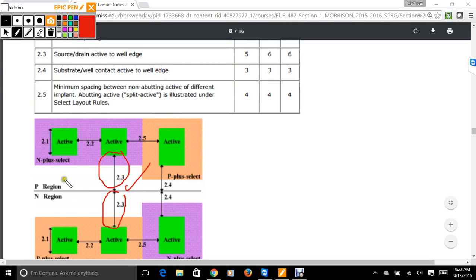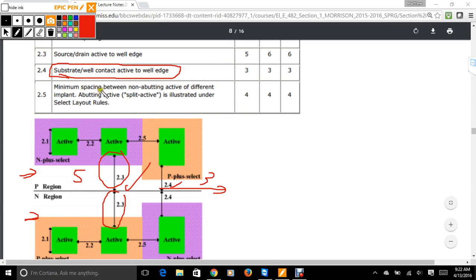So now you're keeping your P and N regions separated. You have your pull up and pull down networks. And so rule 2.4 here is substrate well contact, active well to edge, right? So we have some sort of output here. And so here they made it 5 lambda, here they made it 3 lambda.